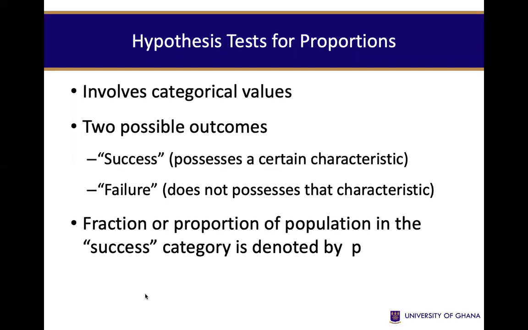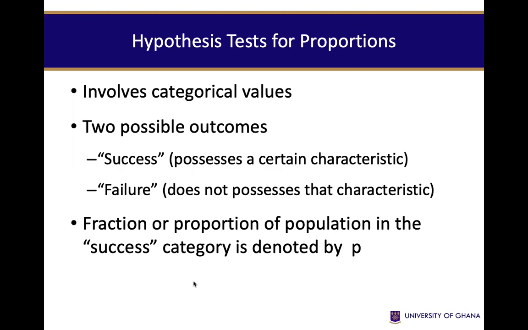Okay, so when we are dealing with proportions, how do we test our hypothesis? It turns out that it's the same approach to testing hypothesis for means, just that the only difference is how to calculate the test statistic, okay? How to determine the test statistic.